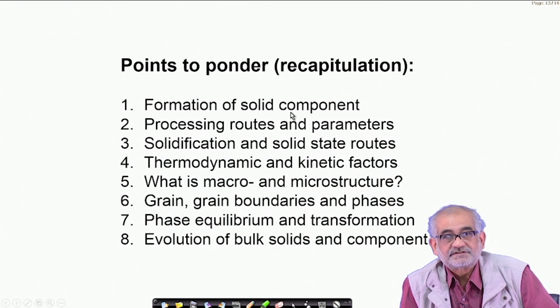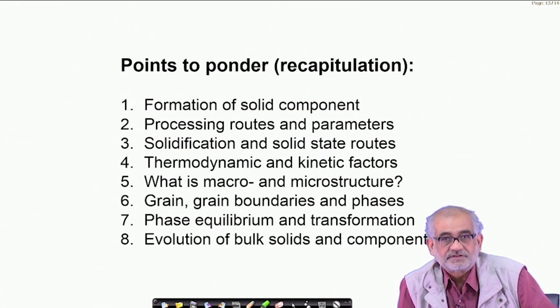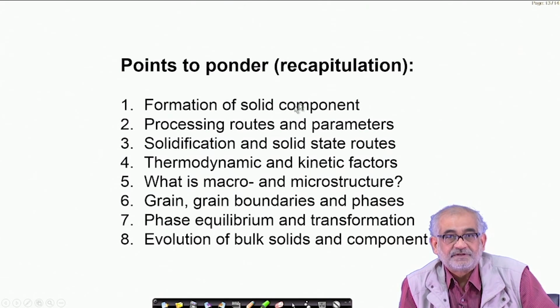So why is microstructure important? Because we are dealing with solid components, and the properties of solid components would greatly depend not only upon the composition but the evolution of the microstructure. In order to understand the evolution of microstructure, we must understand the processing routes that we followed and the process parameters that affected the various thermal and mechanical conditions during the processing.